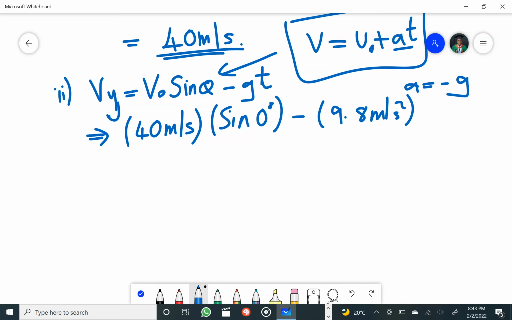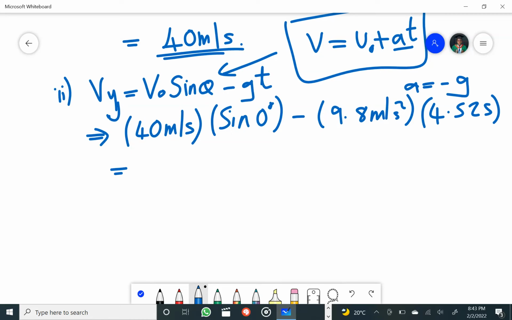Remember, we're now talking about the velocity just before it hits the ground, so we can just take the same time that we calculated earlier for the time it took the package to reach the ground. We're just trying to assume what the velocity would be just before impact. So we can use the same time.